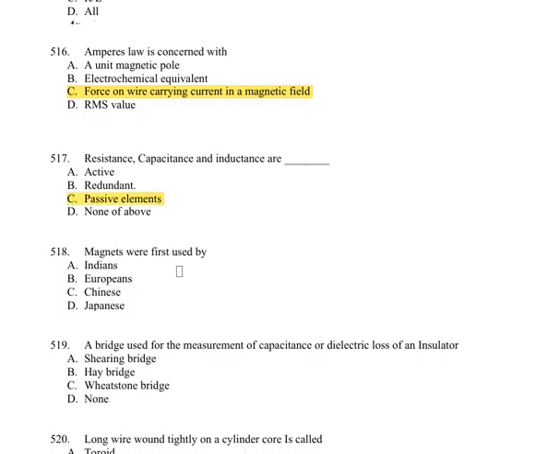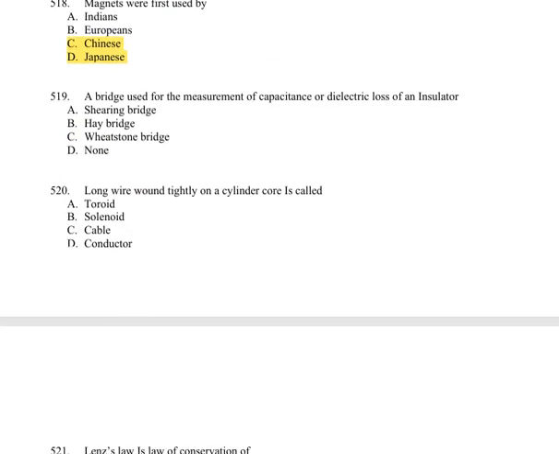Magnets were first used by the Chinese. A bridge used for the measurement of capacitance and dielectric loss of an insulator is the Schering bridge.